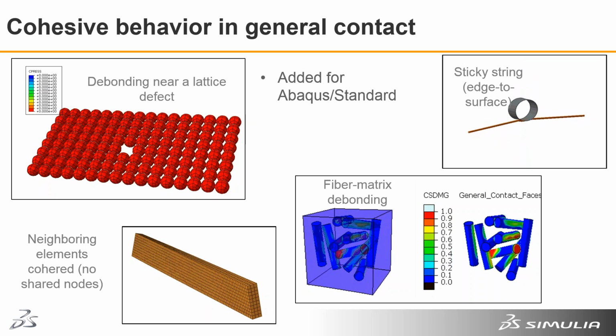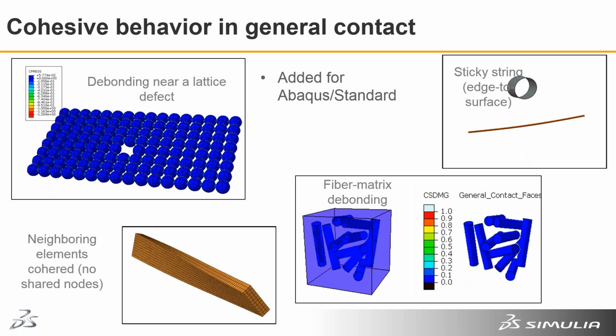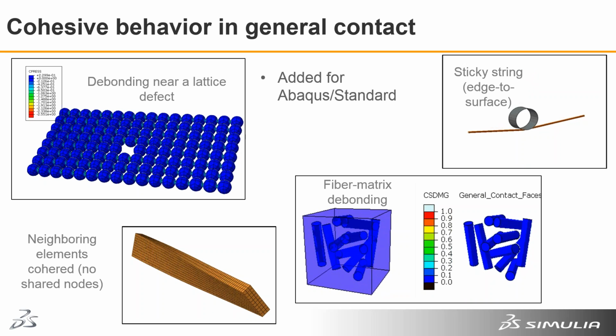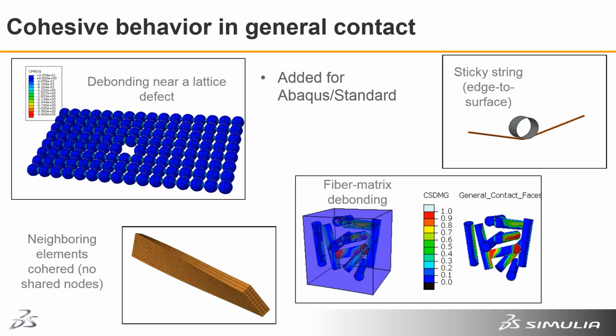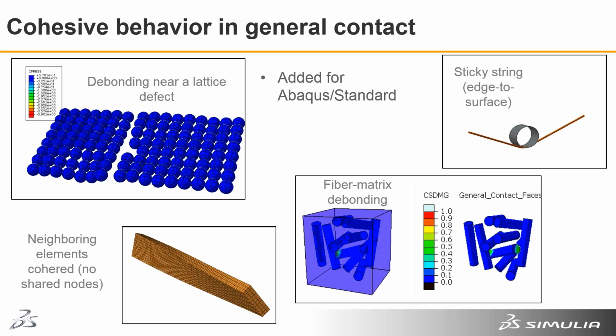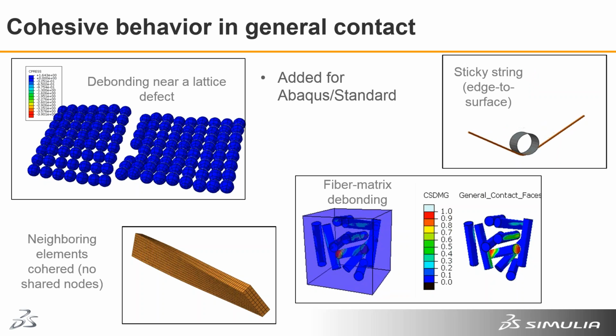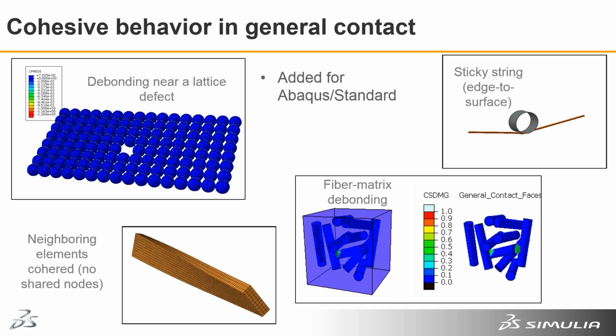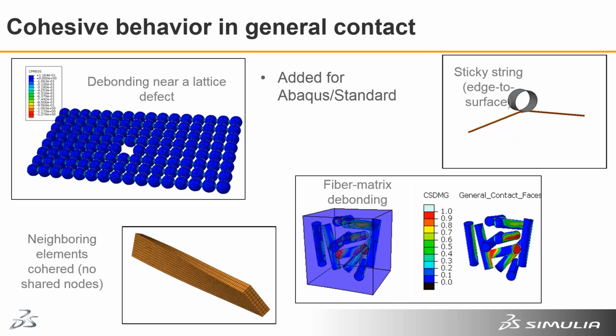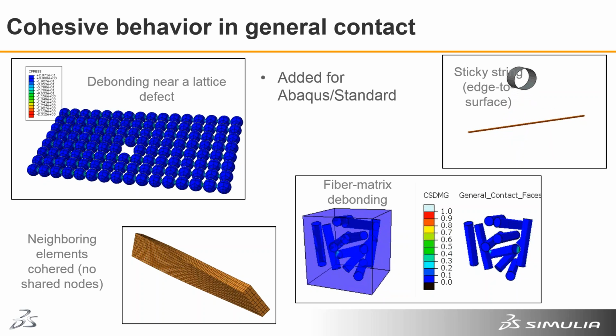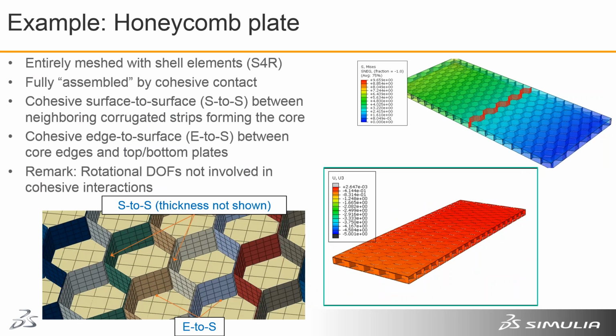If we're looking at debonding in granular structures, or fiber matrix debonding, you can see that these things start to look like what you'd include in a decent RVE to build up a good damage picture. So cohesive behavior in general contact has been added to Abaqus Standard in 2017.